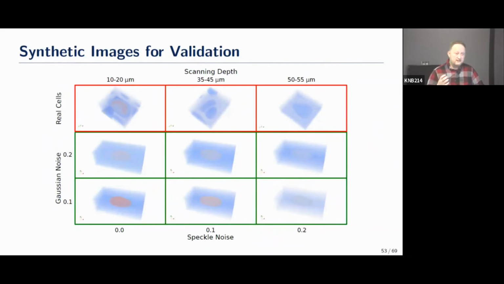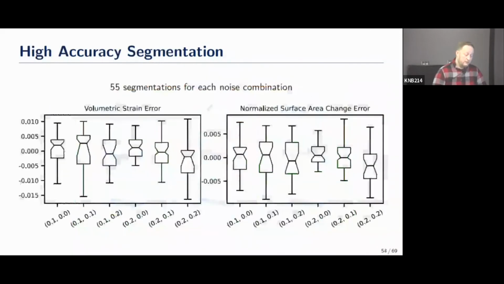And then we know exactly what the geometry of those cells are. We know exactly what the deformation of those cells are. We can compare that truth, that ground truth, to our segmented results. And what we found was very, very good agreement. Median errors near 0%. The range of errors less than 5% in, say, volume and strain, for example.